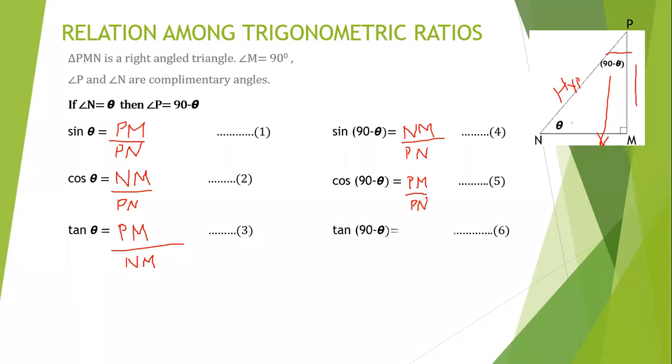Let us find tan 90 minus theta, that is the opposite side of angle P upon the adjacent side of angle P, that is 90 minus theta. So for the opposite side we will write NM and for the adjacent side we will write PM.